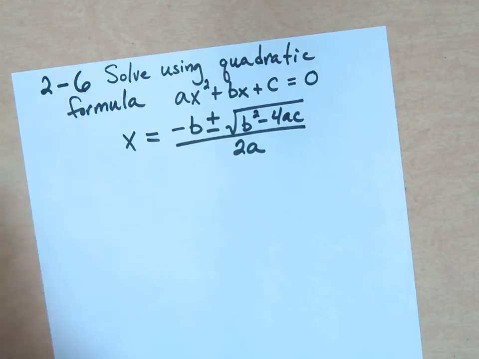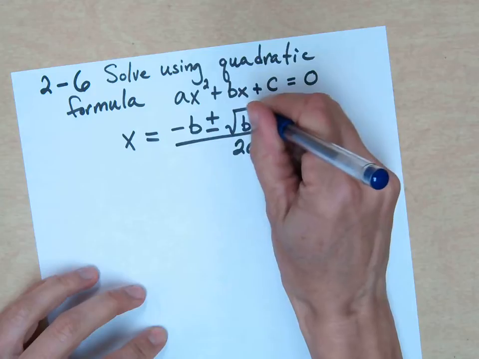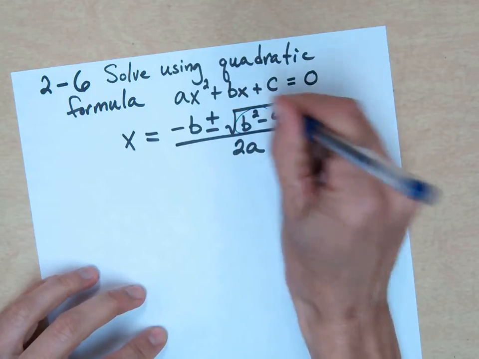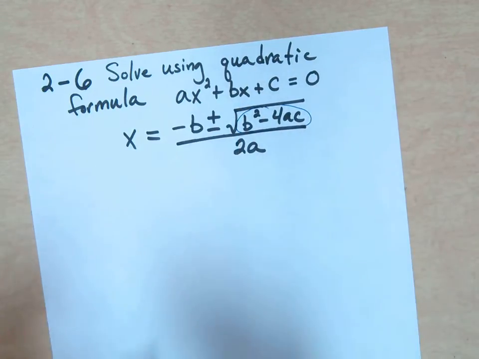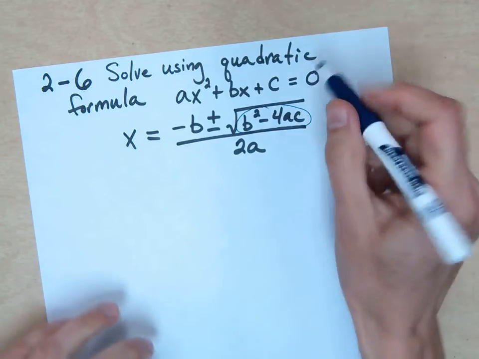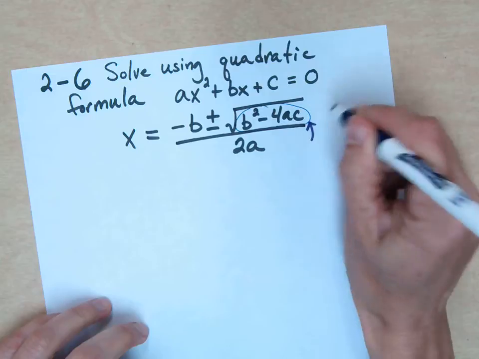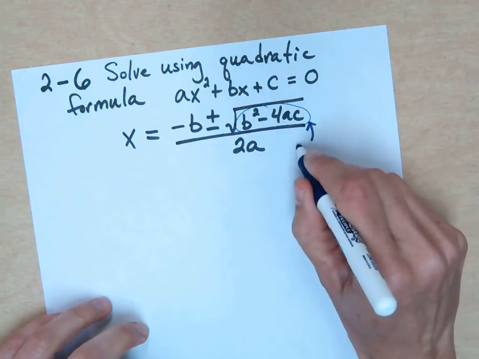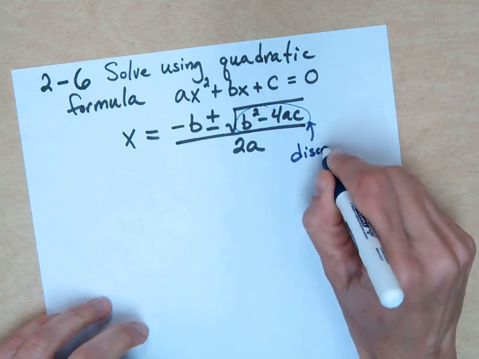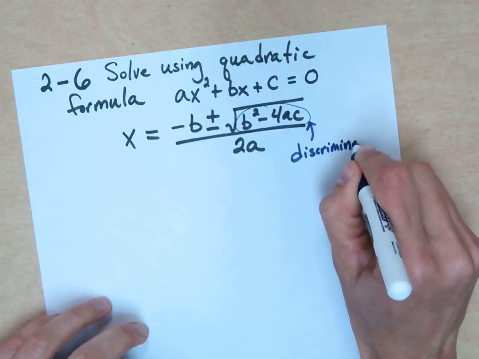One of them, and this part underneath the radical is called, does anyone know what that's the name for just this part, b squared minus 4ac? It's called the discriminant. Yeah, discriminant.